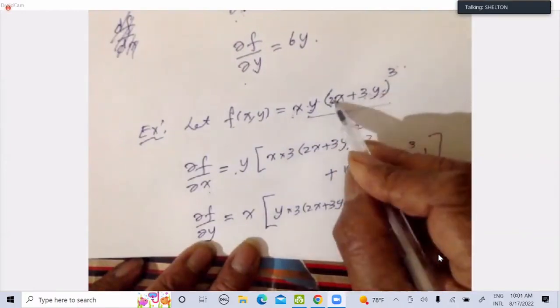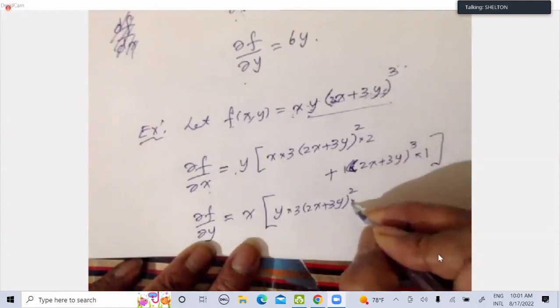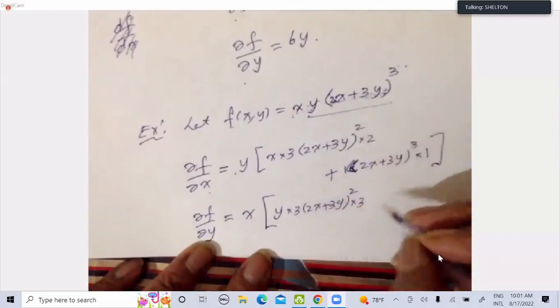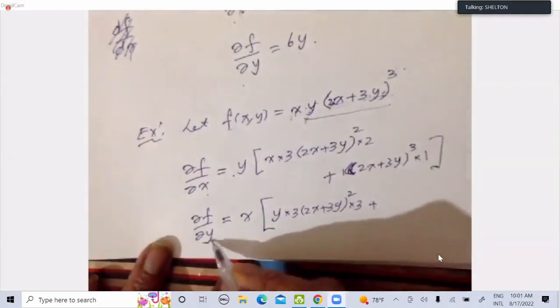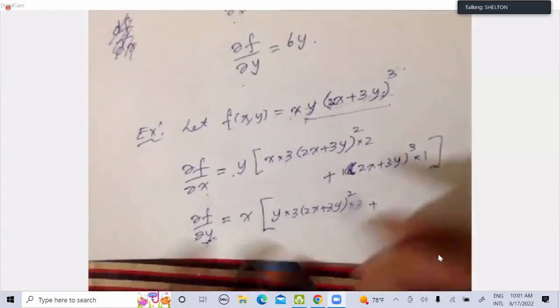X is constant, derivative 0. Derivative of this one with respect to y is 3. Product rule. Y times derivative of that plus that times derivative of y with respect to y. Now you have to treat those formulas with y, with respect to y.